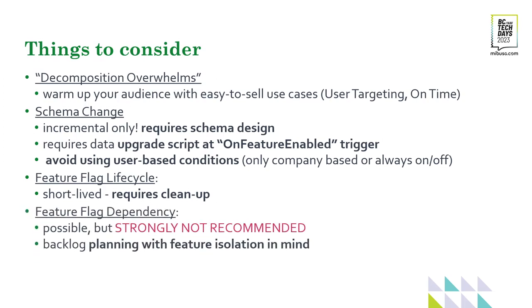One more topic is feature flag dependencies. That's complicated, and because of the composition overhead, we don't want to have dependencies with our feature. The way to mitigate this risk is, first of all, within the planning phase, to clearly define this separation: what my feature is, and what it is affecting.